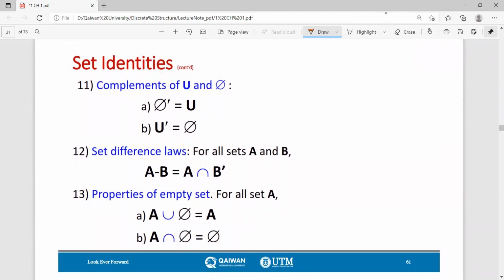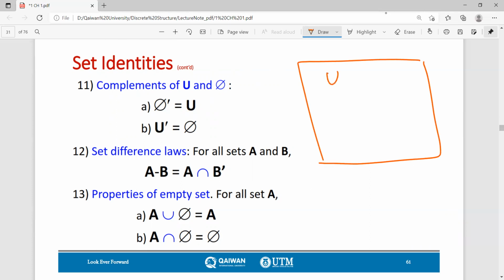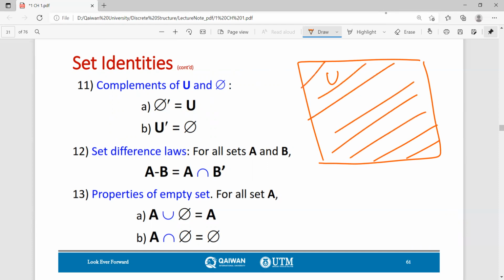Now we have the complements of the empty set and the universal set. Here we say this is the universal set. It's the set of all sets, I mean, all the sets are in this set.